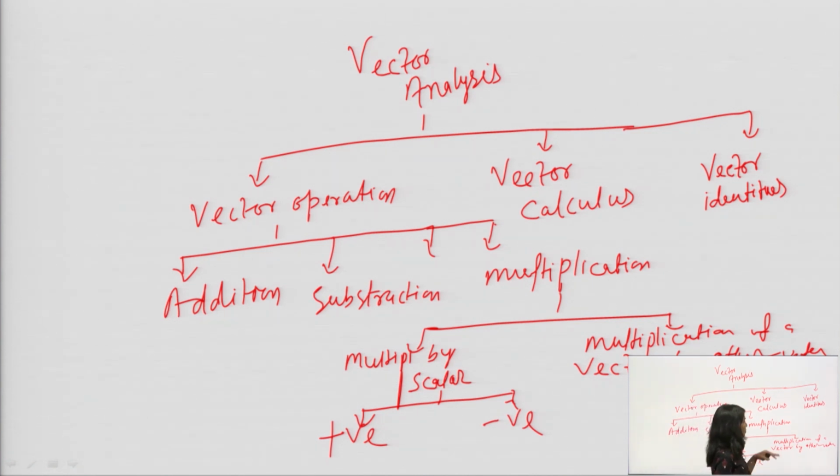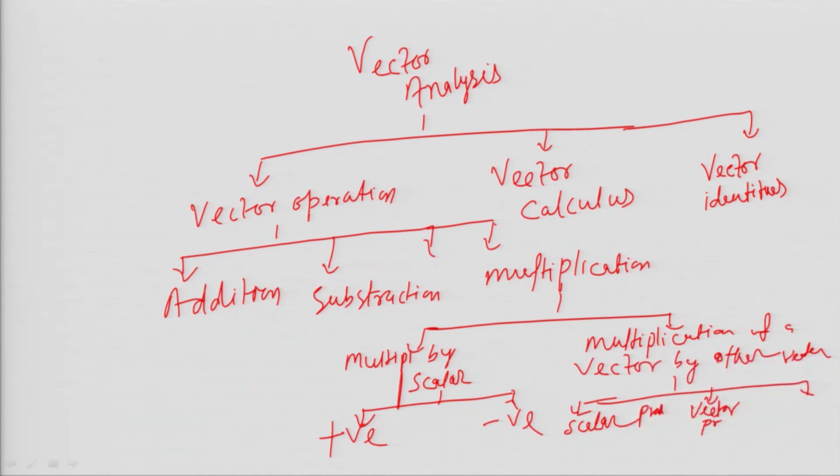Now come to the multiplication of a vector by a vector. In such a case, again we have different kinds of multiplication, that is scalar product, vector product, and triple product.